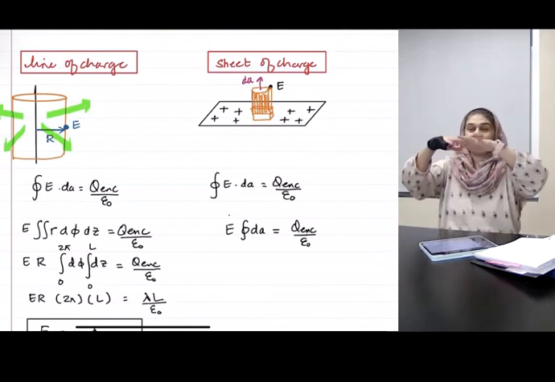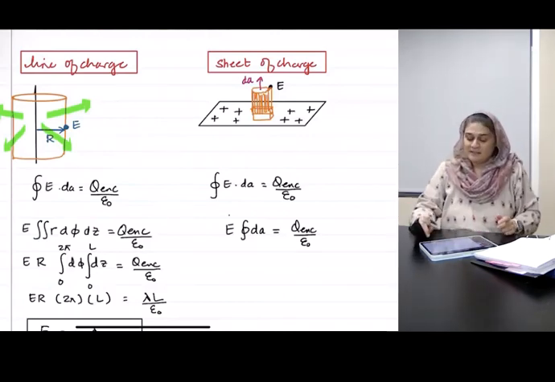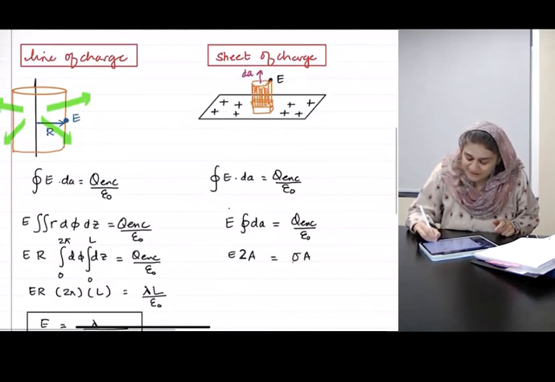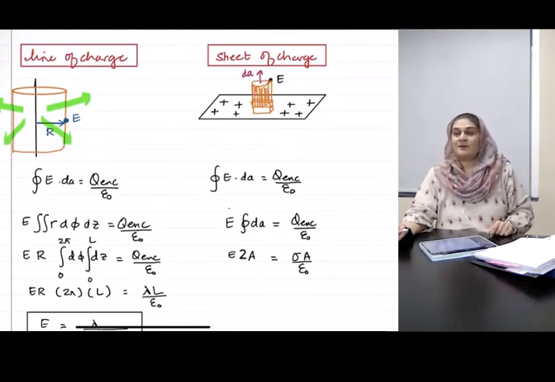For a Gaussian surface that extends all the way over the sheet, I may simply write this as E A equals sigma A over epsilon naught. Do you see why it became sigma A, where sigma is the surface charge density?